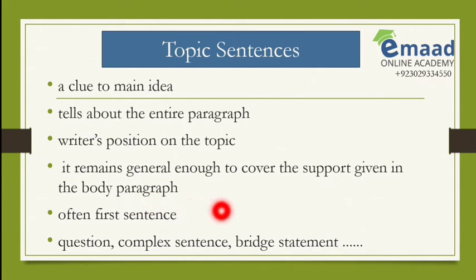This type of complex and sometimes bridge statement we use when a paragraph is not a separate entity, but is a continuation of a larger piece of text like an essay or a chapter. So there are many paragraphs, and when we shift from one paragraph to the other, we start the paragraph with the topic sentence, that is a bridge statement, that is a complex sentence.